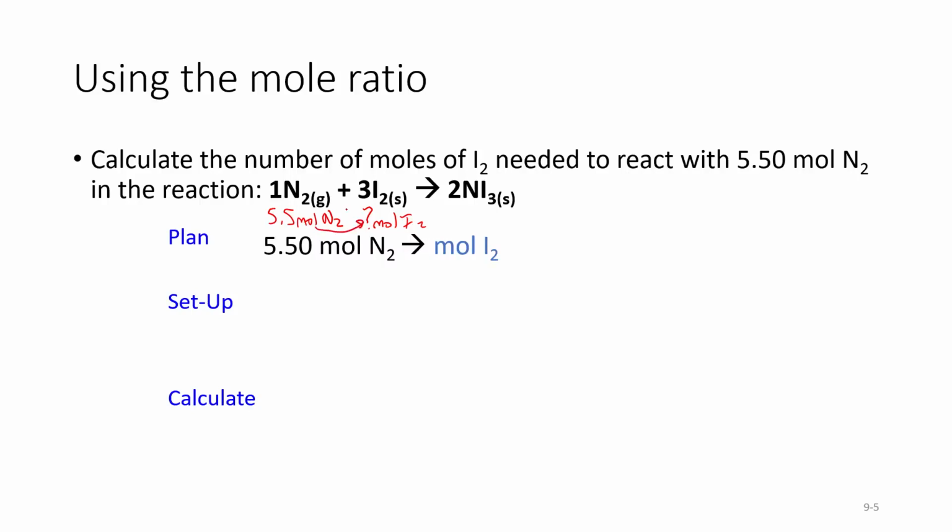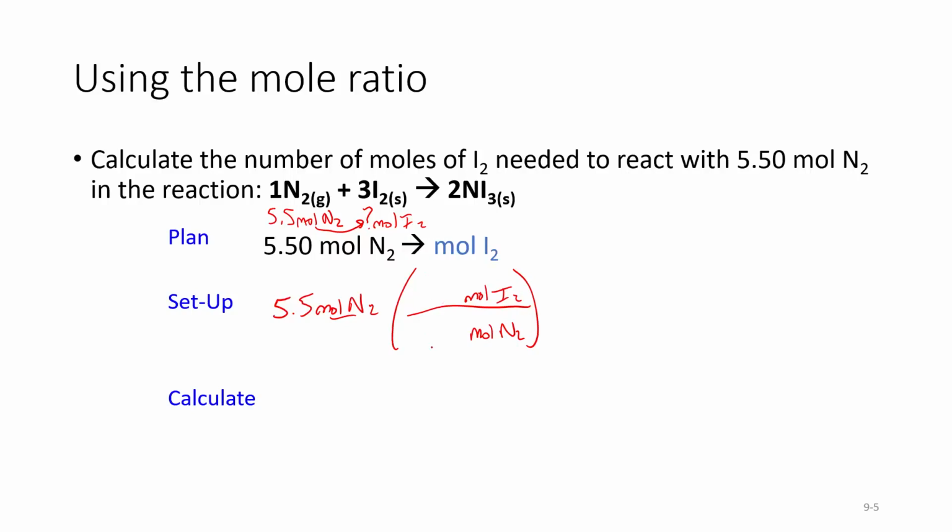So we're going from here to here. And we're going to set this up like a unit conversion. 5.5 moles N2. Moles of N2 is on the top, so moles of N2 goes on the bottom. And we're converting to moles of I2.